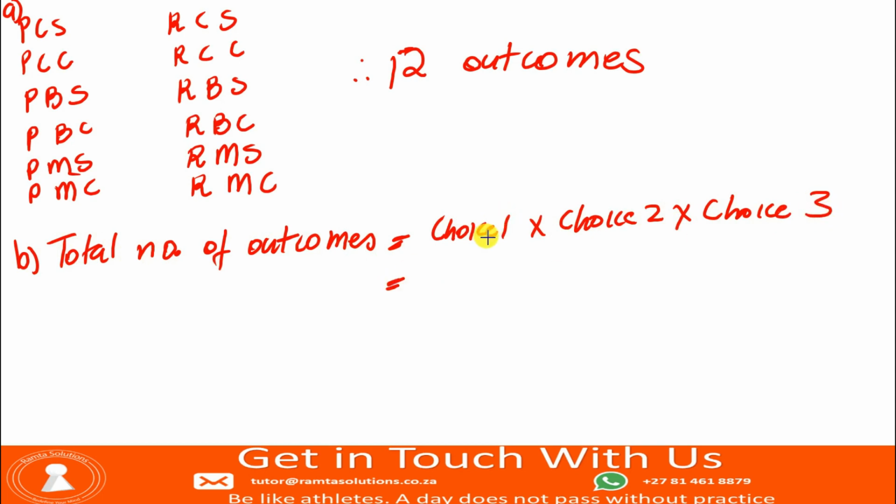How many options do you have for choice 1? I remember it was rice and pap. So there are 2 choices. How many did you have for choice 2? There were 3. It was chicken, beef, and mutton. How many do you have for choice 3? There were 2. It was salsa and chakalaka.